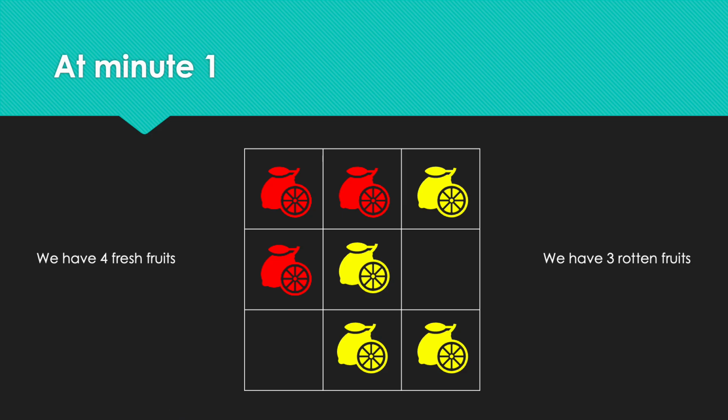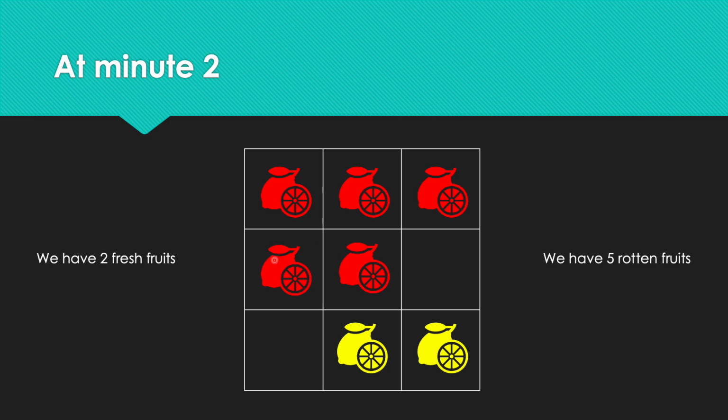So what happens when minute equal to 2? We have 5 rotten fruits and we have 2 fresh fruits left. Now this new rotten fruit, can it rot any more fresh fruits? No, because up and right are not valid indexes. Left was already rotten and down is an empty cell.